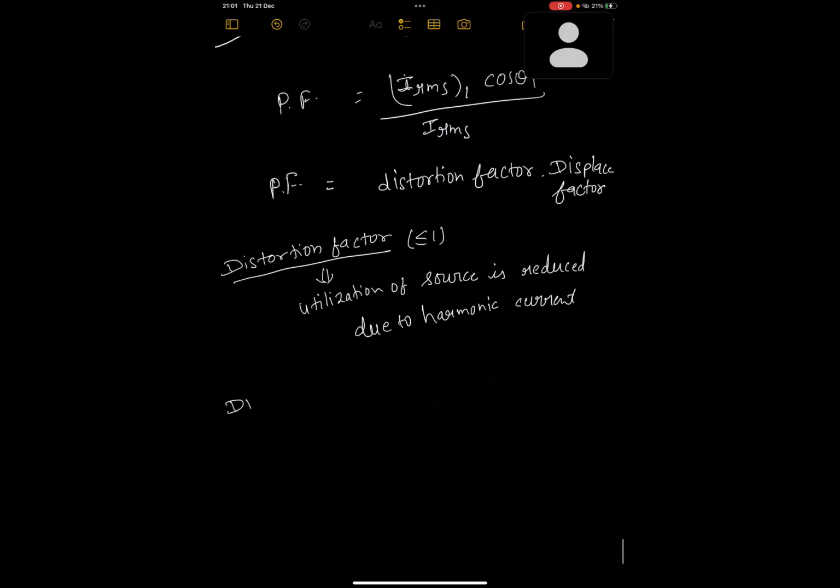What is displacement factor? It is always less than 1.